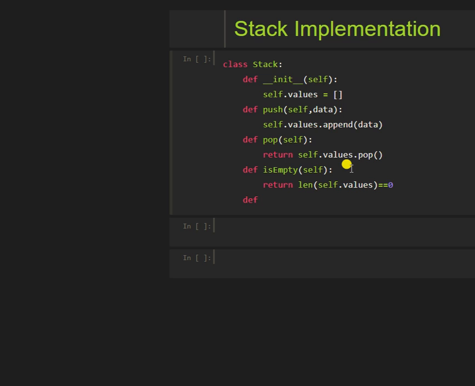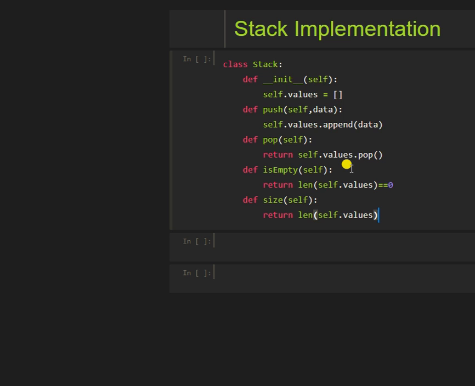And we will define a function def size, which will return us the length of self.values. So we got our 5 functions here: push, pop, is_empty, size.